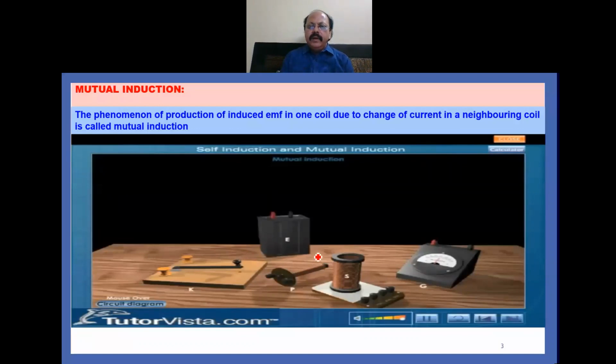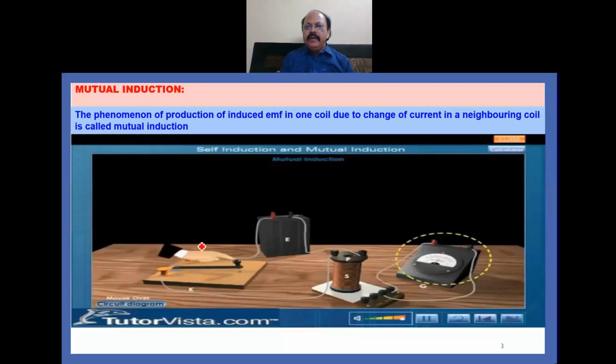Now we are performing the experiment of mutual induction, and you see what happens when we press the key and release the key. In both cases, the sensitive galvanometer will show deflection.